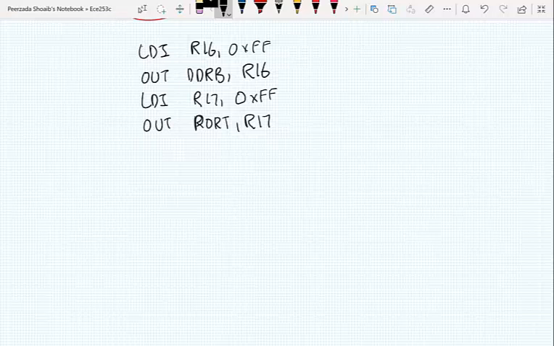I can simply say call, and I have to name that, like I label my instructions when I have to jump. Here I also have to label the first instruction of the subroutine so that I can call it whenever I need it.